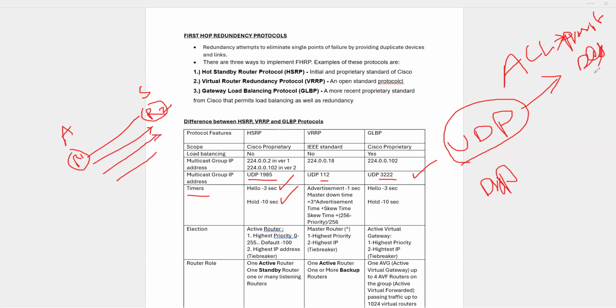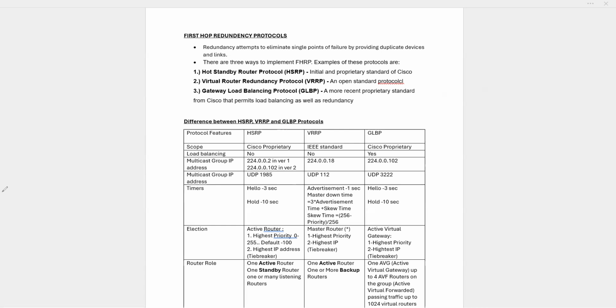If this router is down, it will wait for 10 seconds. If it is not responding, it is down, so the standby will become the active. Those are the timers, and the same timers apply here also.